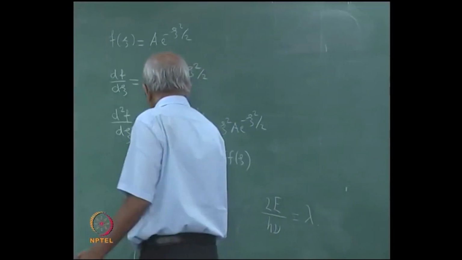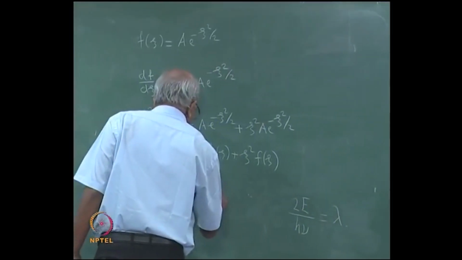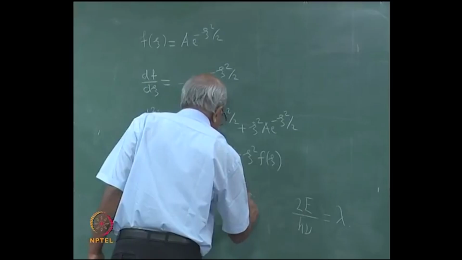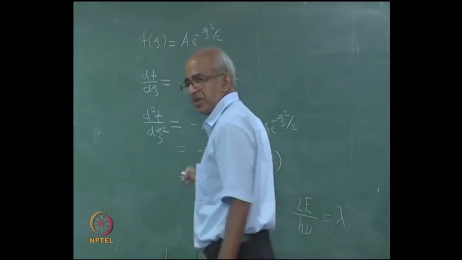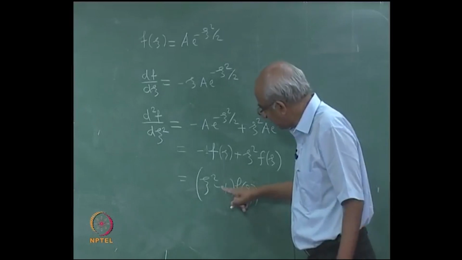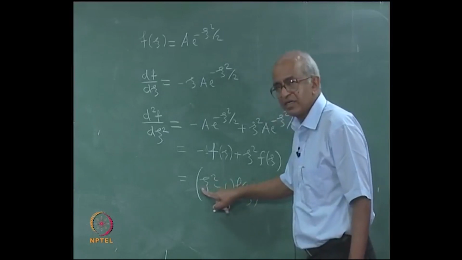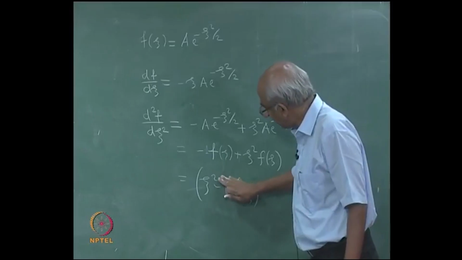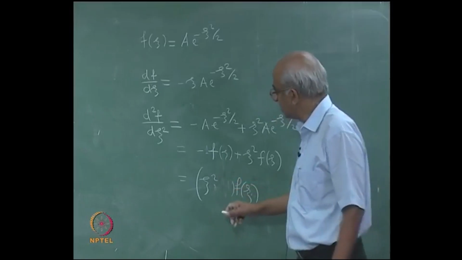So, essentially what I am saying is, this may be written as c square minus 1 into f of c. If c is very large, definitely this 1 can be neglected in comparison with c square, and so let me neglect that. And then what happens?